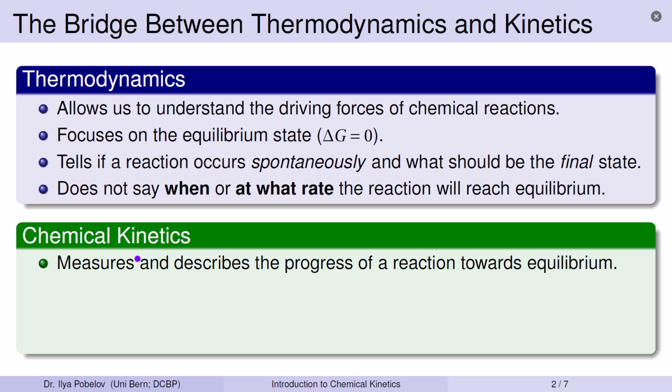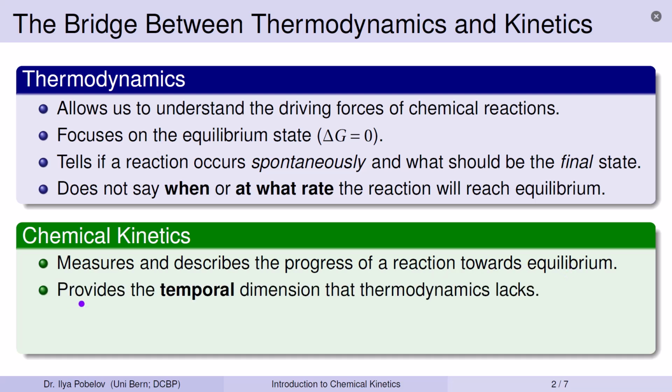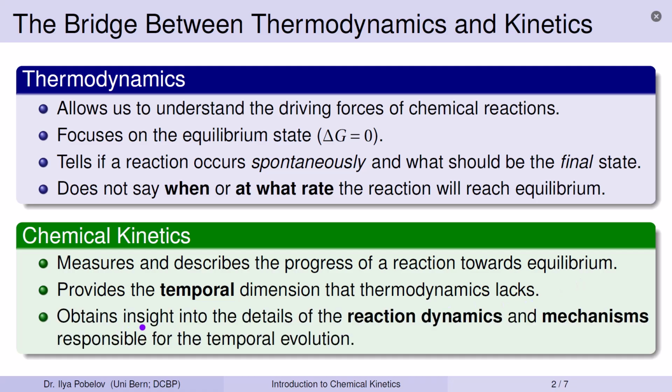Chemical kinetics measures and describes the progress of a chemical reaction towards equilibrium. It provides the temporal dimension that thermodynamics lacks. By studying the temporal evolution of the system toward equilibrium, we obtain insight into the details of the reaction dynamics and mechanisms responsible for this evolution.